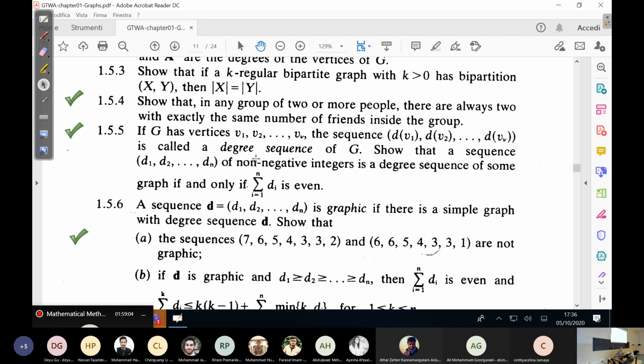So what we have to do is this: if I have an input of n non-negative integers whose sum is even, can you give me a way to produce a graph which has that as degree sequence?